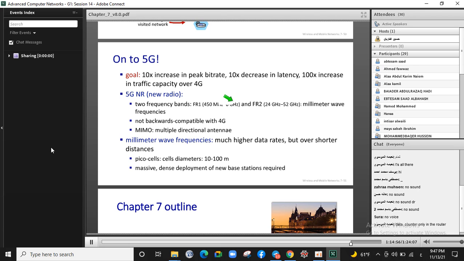They can send a higher amount of data, but because of their high frequency, those frequencies have a large amount of energy.